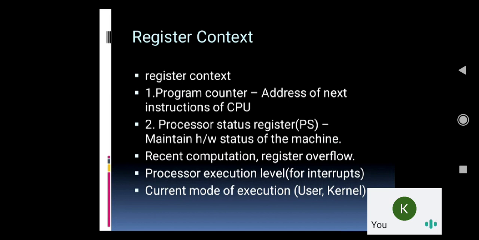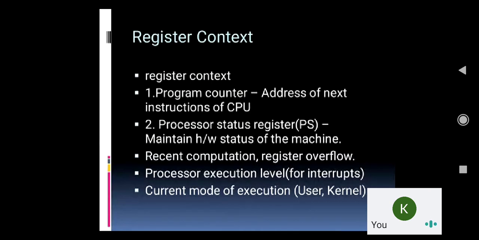Then the processor execution level: if an interrupt comes, how is your processor going to work, or manage it? Then the current mode of execution. Normally we have two modes of execution, user mode and kernel mode. In process states and transitions we learnt about these two modes.